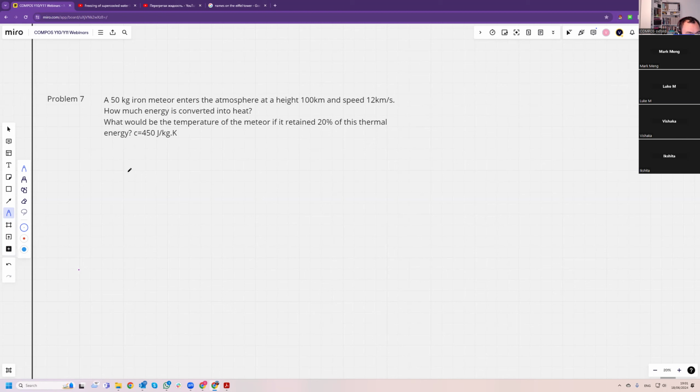So you have gravitational potential energy because it's high above the ground, plus the kinetic energy, and all that converts into heat, or thermal energy store, as people like to say these days. All right, converts into thermal energy.